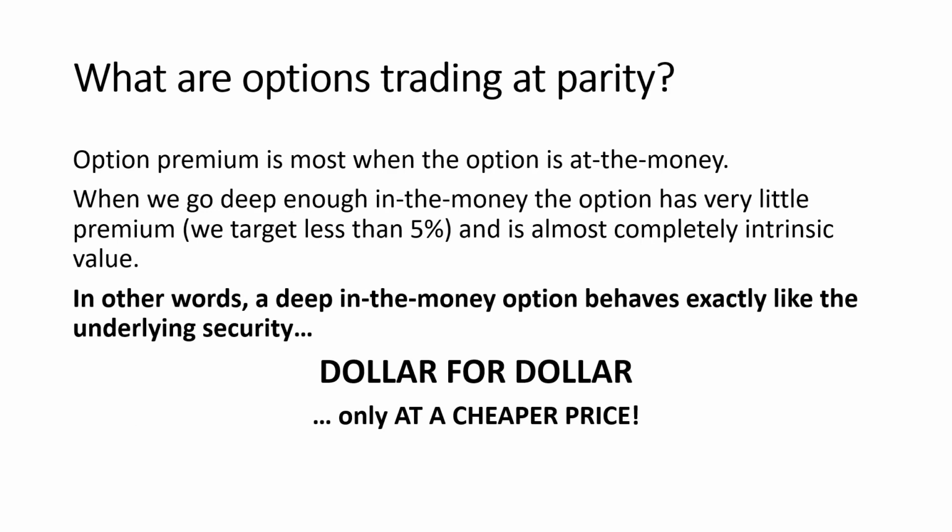Only we'll be paying a cheaper price for it. And in the case of the covered put, we'll be creating a cash trade out of it instead of a margin trade. So when we're selling parity, we go near term at the money. When we are finding a replacement, we go deep in the money.